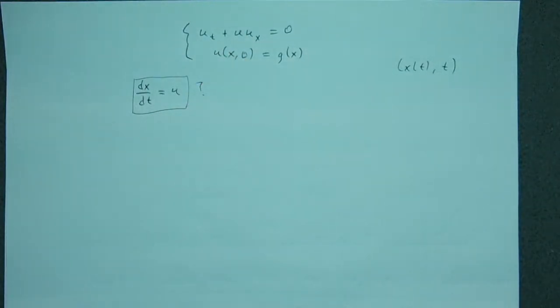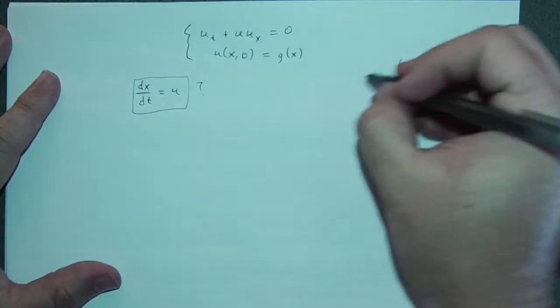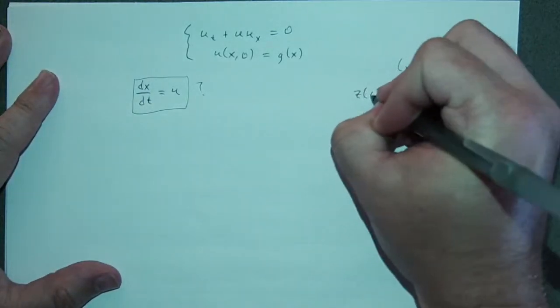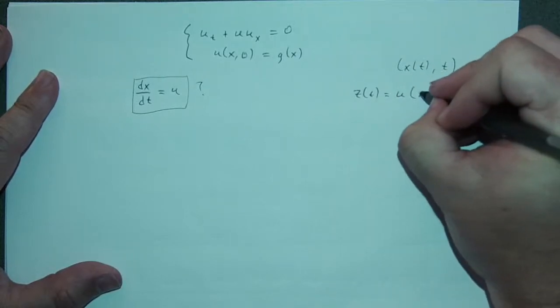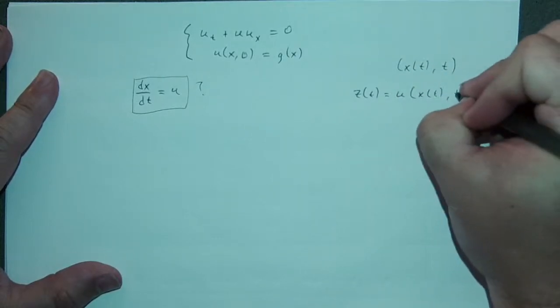That is how I would set up that characteristic equation. But how would I deal with this? I have to be careful here. Recall that z of t is going to be u on the value of the characteristic, so it would be u at x of t.